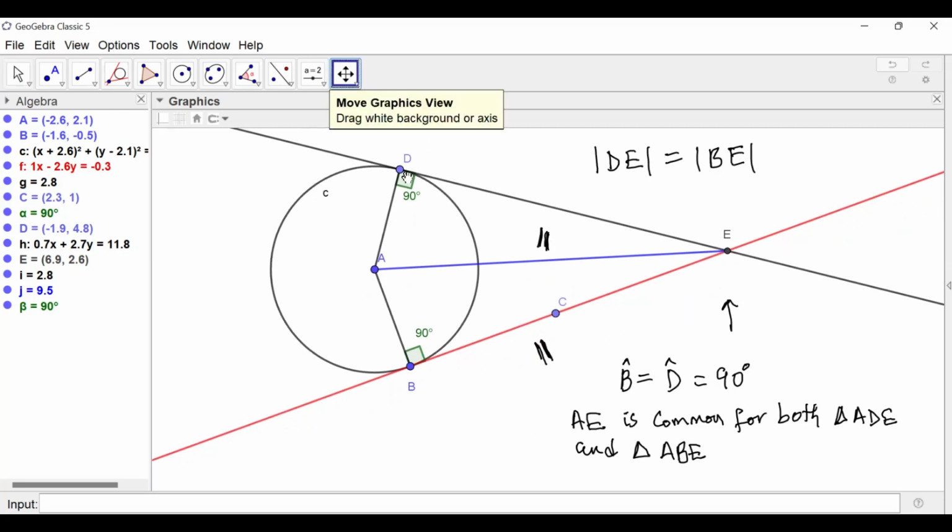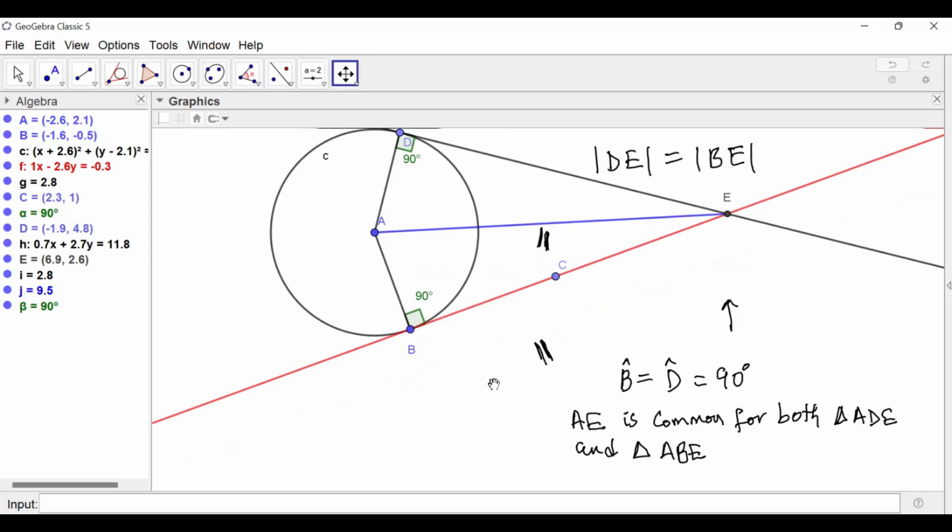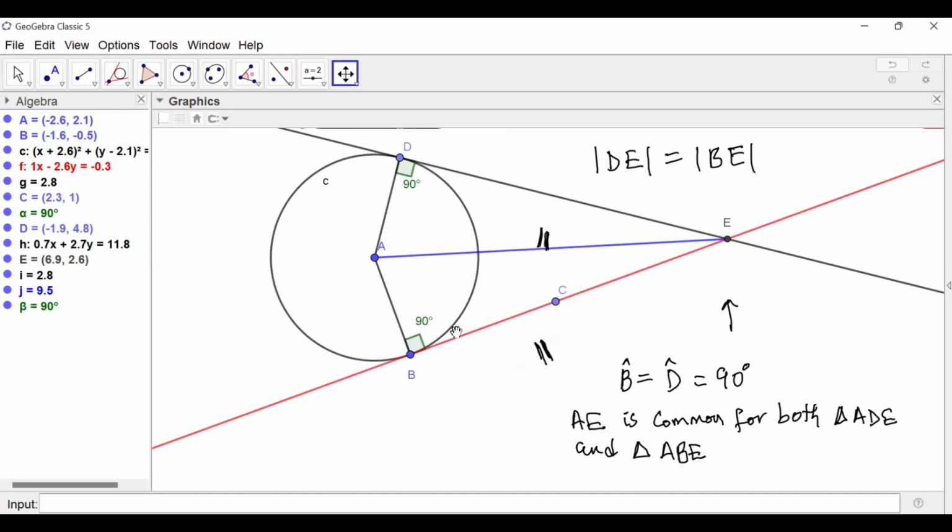Okay, so now we're going to look at another thing here. Let me remove this.